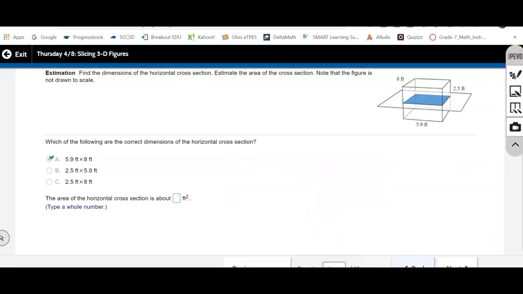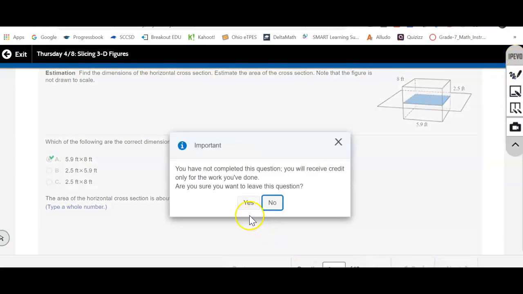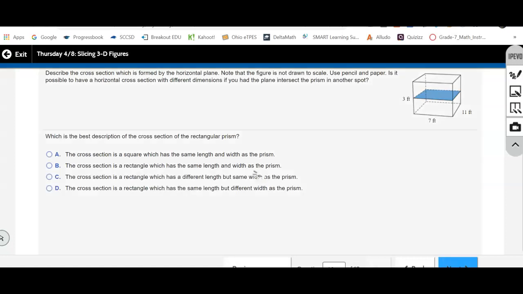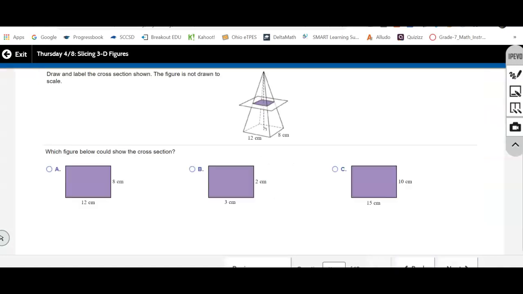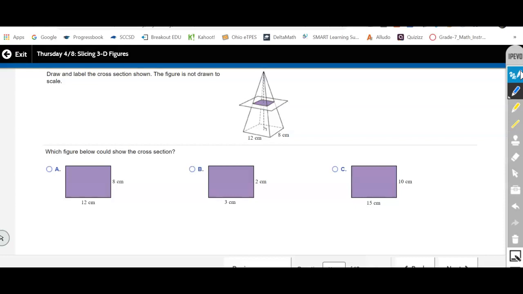You also have some, like, this is the one I was talking about earlier. So here is my prism. It's 12 by 8 on the bottom. Everybody look up here. It's 12 by 8 on the bottom. So this cross section we know is going to be smaller or bigger than the bottom?